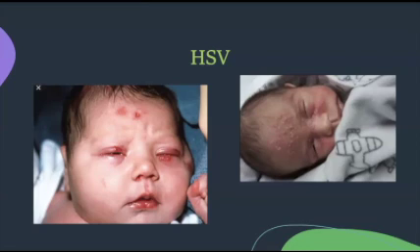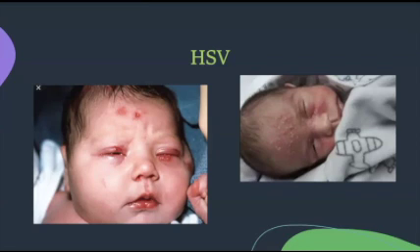Herpes simplex virus is a member of the herpesviridae family of viruses. It enters the host through the inoculation of oral, genital, or conjunctival mucosa. Inoculation can occur through breaks in the skin.